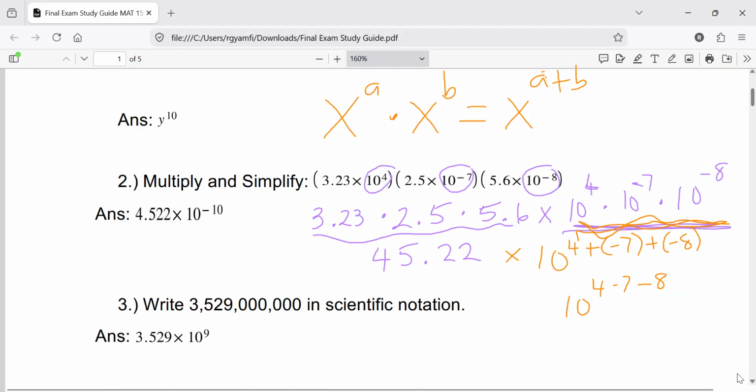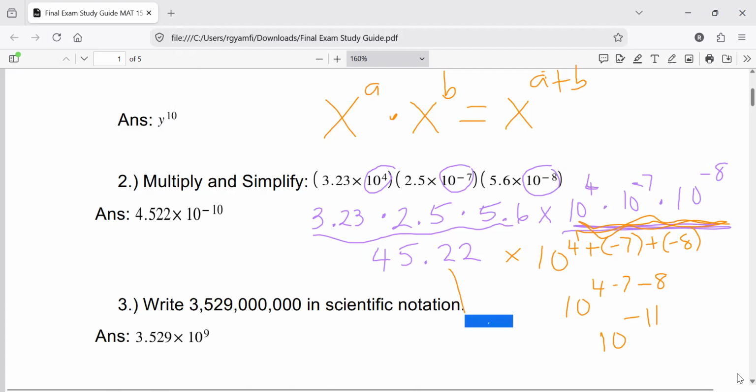Negative 3 minus 8. I'm already at a negative. It's like you check your bank account and you're at negative 3, which is not good. Oh, I've got to pay a bill of $8, so I'm going to take more money out of the account and go more negative. That gives me 10 to the power negative 11. Negative 3 minus 8 is negative 11.